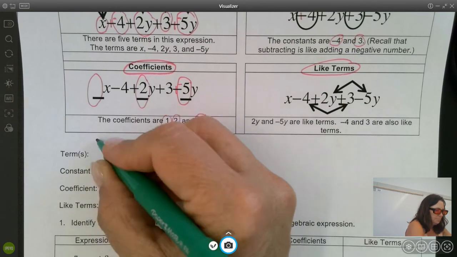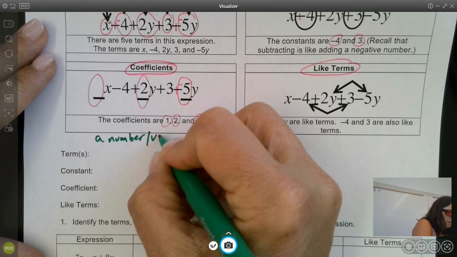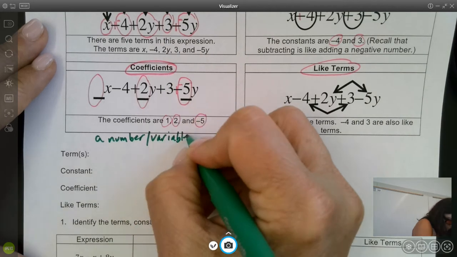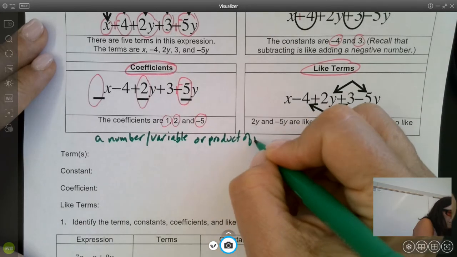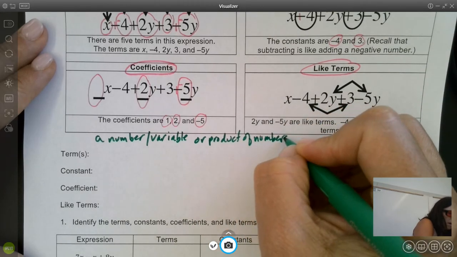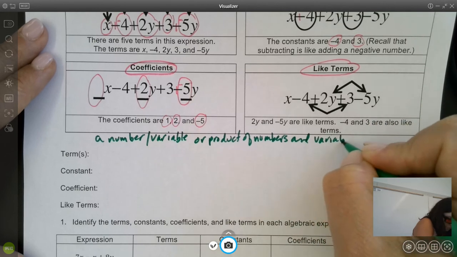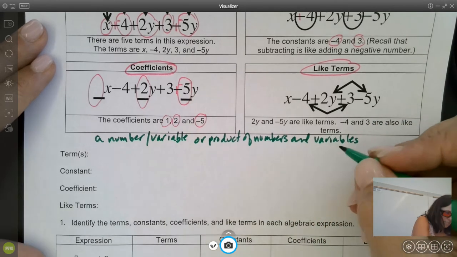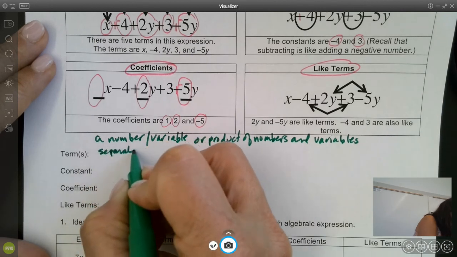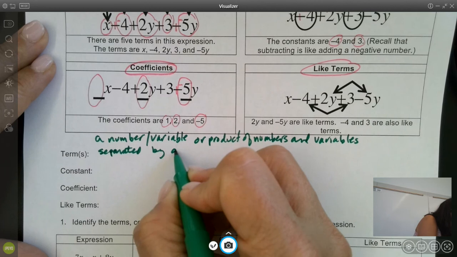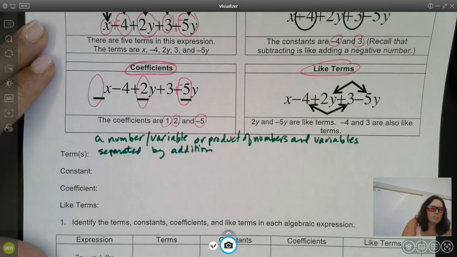A number, or variable, or product of numbers and variables separated by addition. Okay, that's the definition for terms.